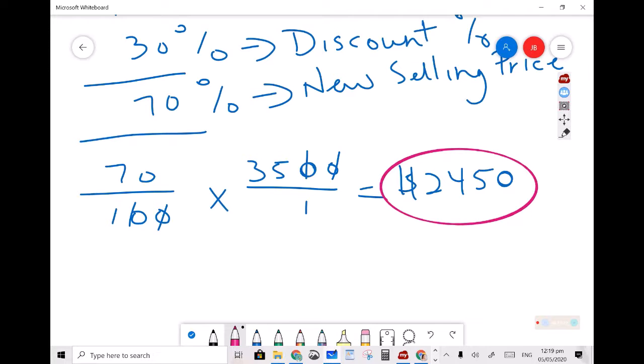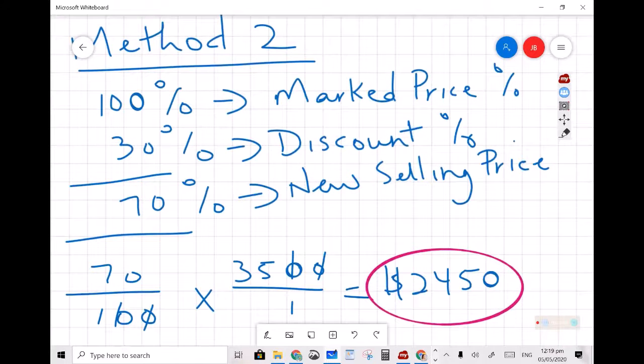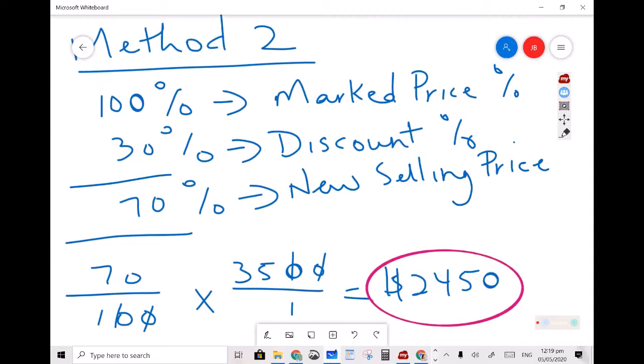Okay, we had used a different method, which is method 2. Our method 2 was focused on minusing our percentage first, instead of calculating percentage and minusing money after. So we actually minus our percentage first, meaning that our new selling price would be 70%.